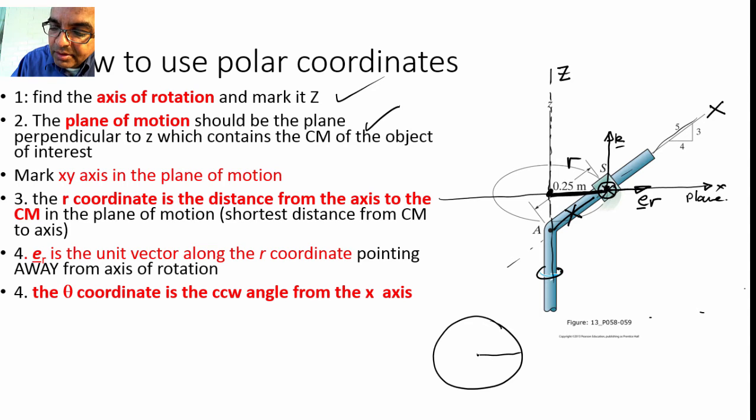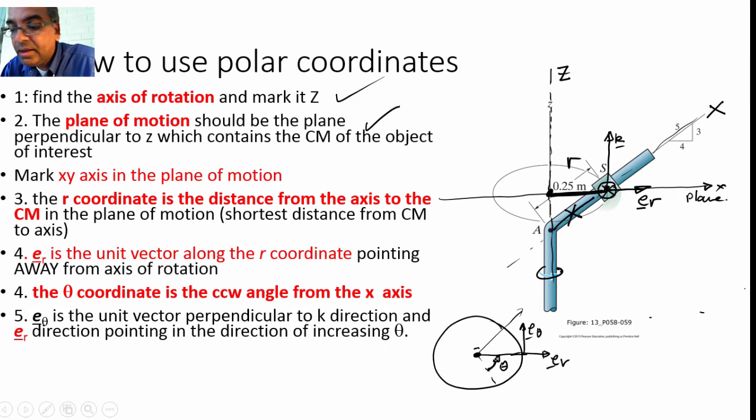So here is the axis of rotation. Here is e_r. e_theta will be like this. And the angle theta, if this is the x axis, y axis, angle theta is this. e_theta is perpendicular to these two.